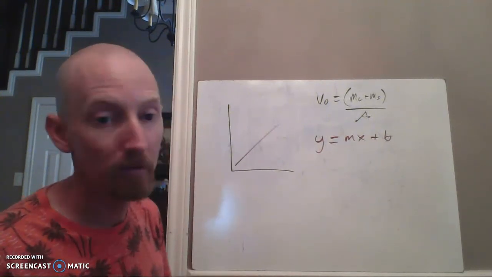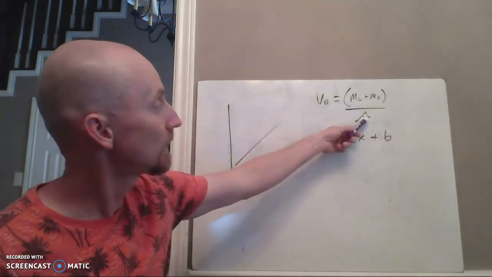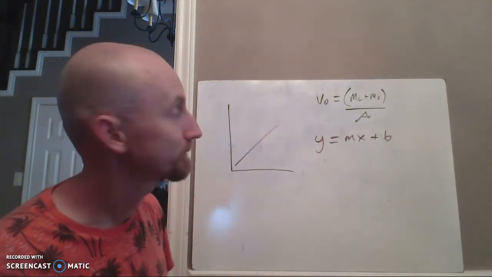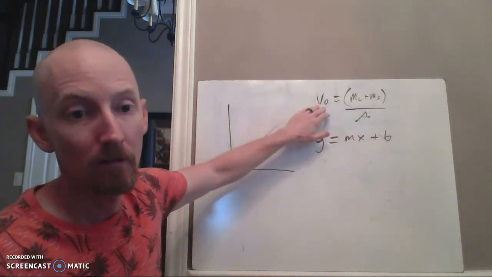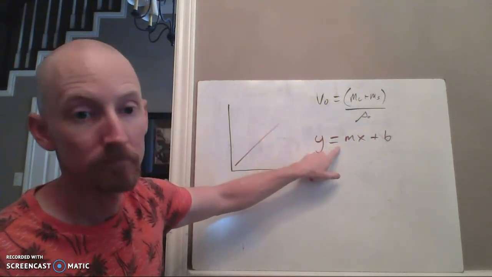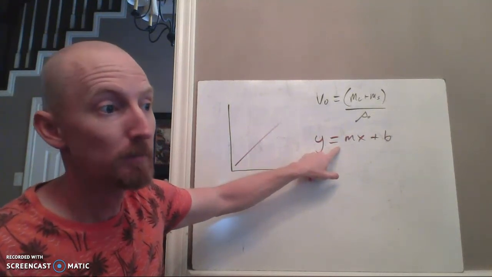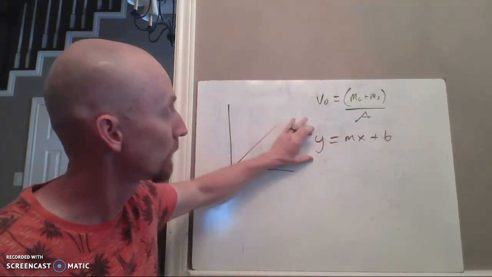We want the slope to be the density of the oil. Here's density of the oil in the equation right there. It's in the denominator. I need to get this equation to fit this form. That's all this means. I thought this was this big complicated thing. That's all they're asking you, is to take this equation and get it into this form.